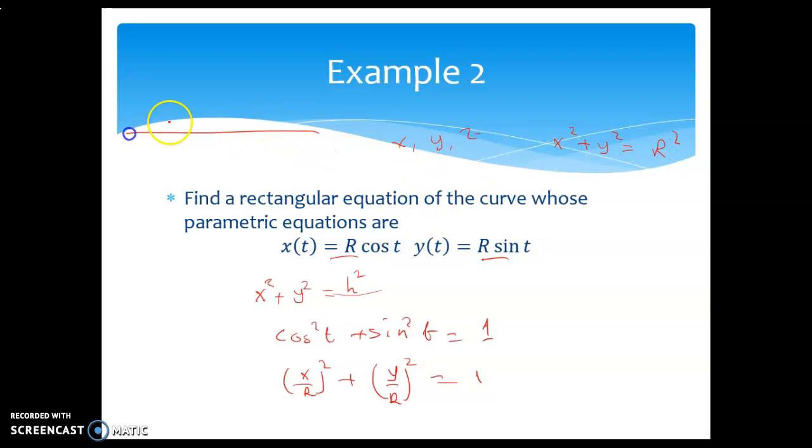And this is a circle. To do the orientation of this circle, we're going to go counterclockwise. The radius here is r.